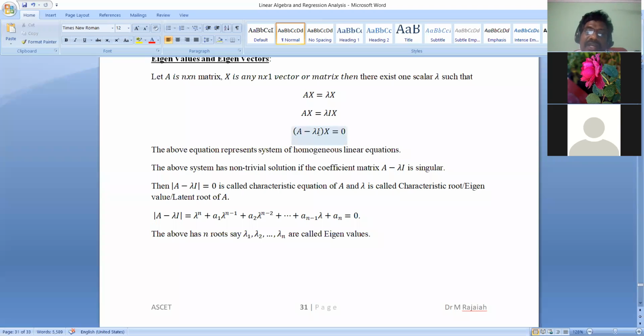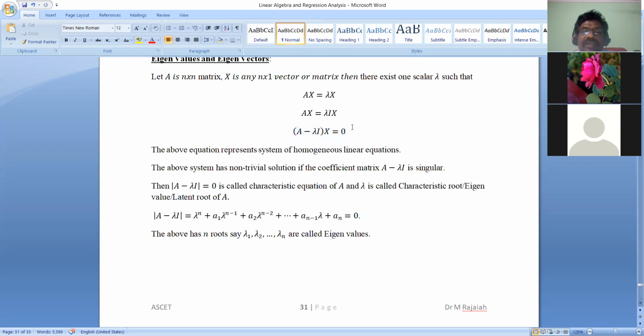What about singularity? If the determinant of A is equal to 0, then that matrix is called a singular matrix.